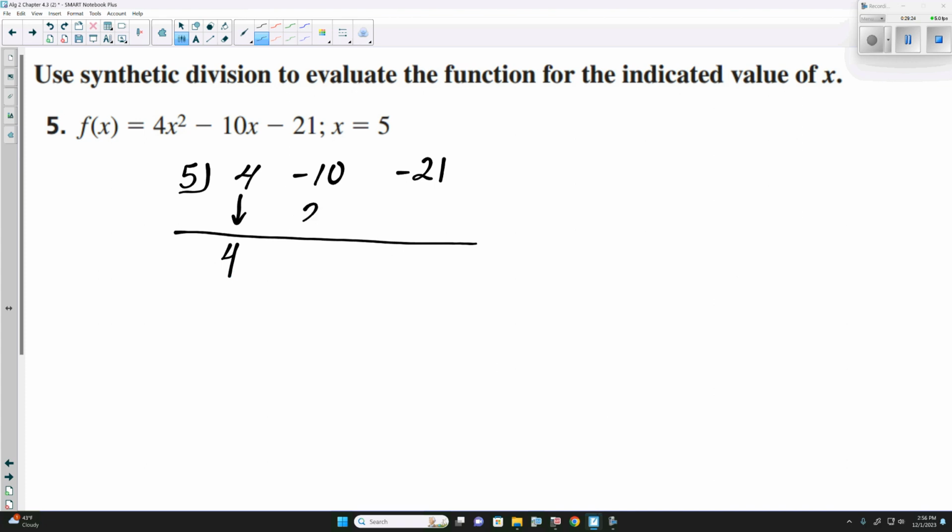We put it underneath our next number. Negative 10 plus 20 is 10. 5 times 10 is 50. And lastly, negative 21 plus 50 is 29.